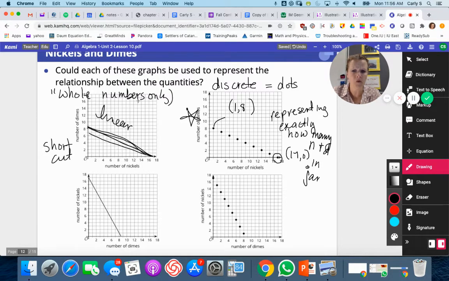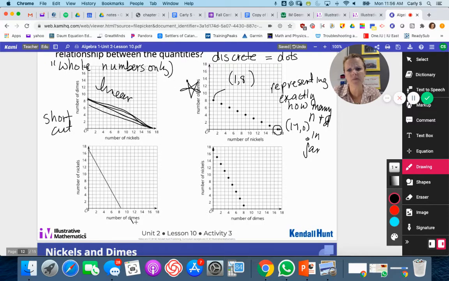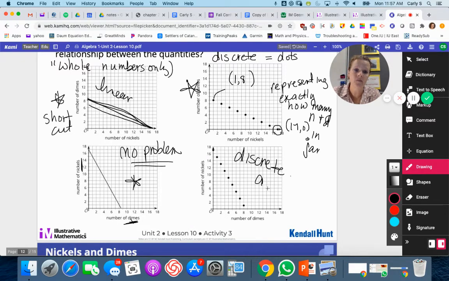Now here we put the number of dimes on the x-axis and the number of nickels on the y-axis. No problem, that works. This is a good one too. And here we have another discrete graph. Discrete just means we have dots representing our data. It's a little more accurate. Takes more time to draw, but it's also a good graph.